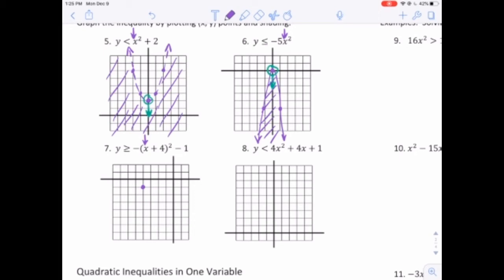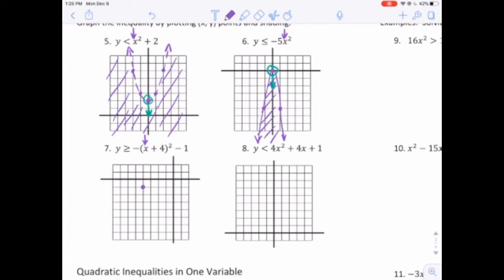We could get that by figuring out what would make the value inside my parentheses equal to 0. So a negative 4 plugged in for x would give me a value of 0 in the parentheses, and so a value of negative 1 overall, which gives me the point negative 4, negative 1.